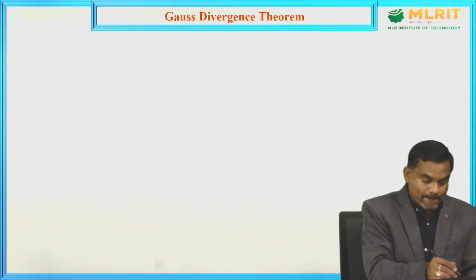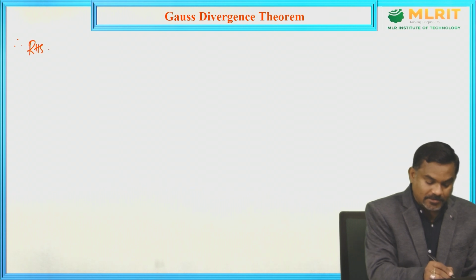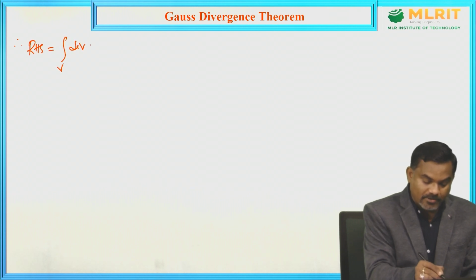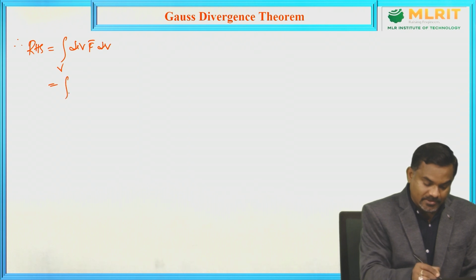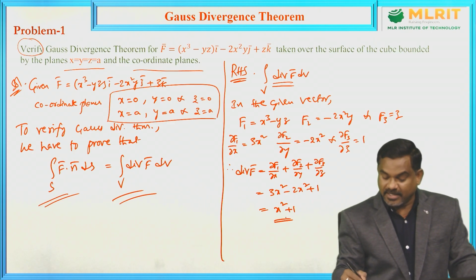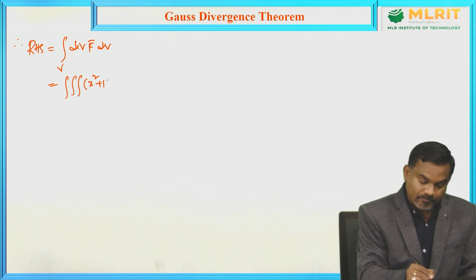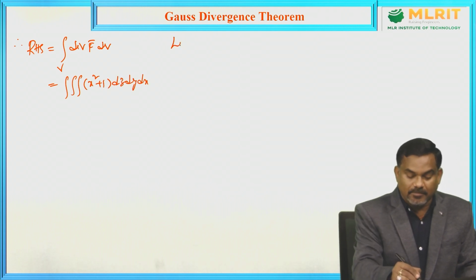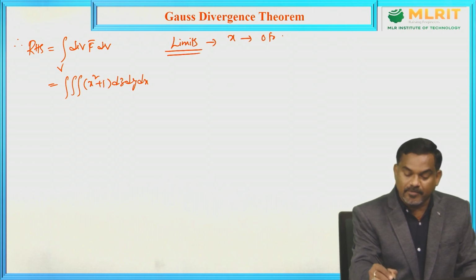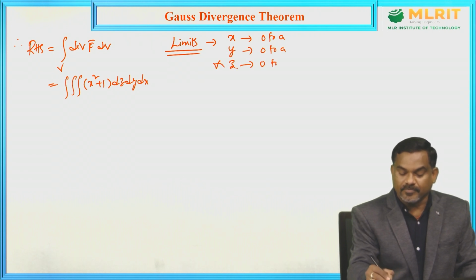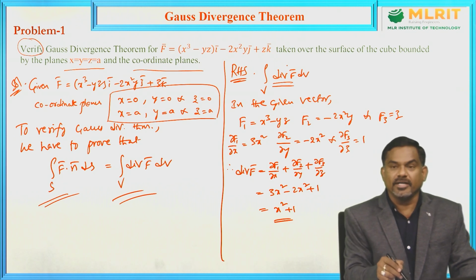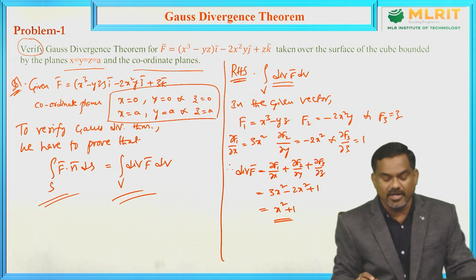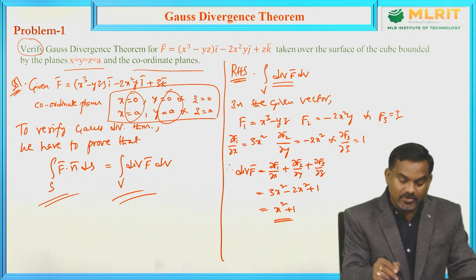So RHS is the volume integral of div f bar dv, which is the triple integral of x square plus 1 dz dy dx, and the limits are x from 0 to a, y from 0 to a and z from 0 to a, because the surface is bounded by the coordinate planes and the planes x equal to a, y equal to a, z equal to a.